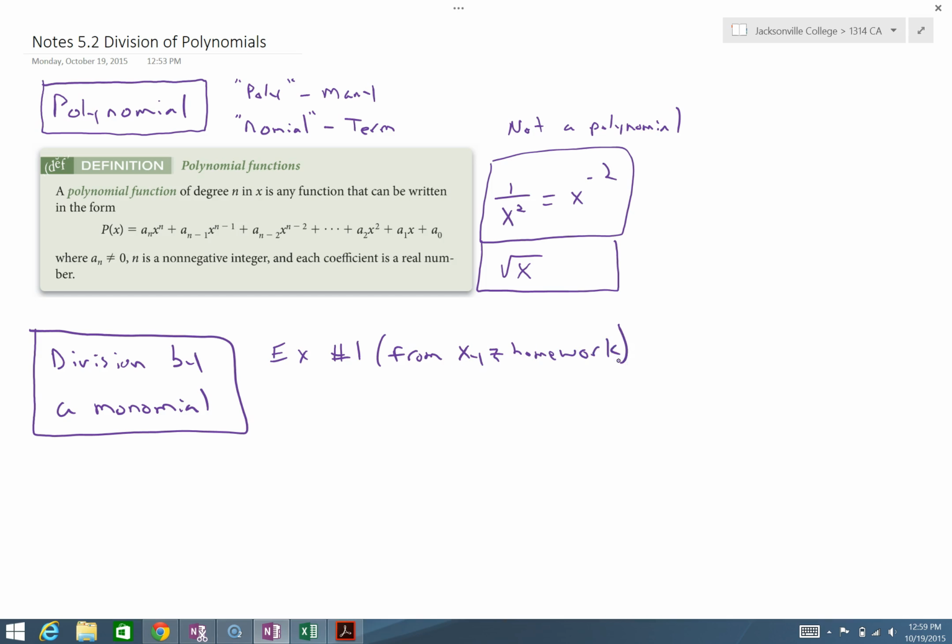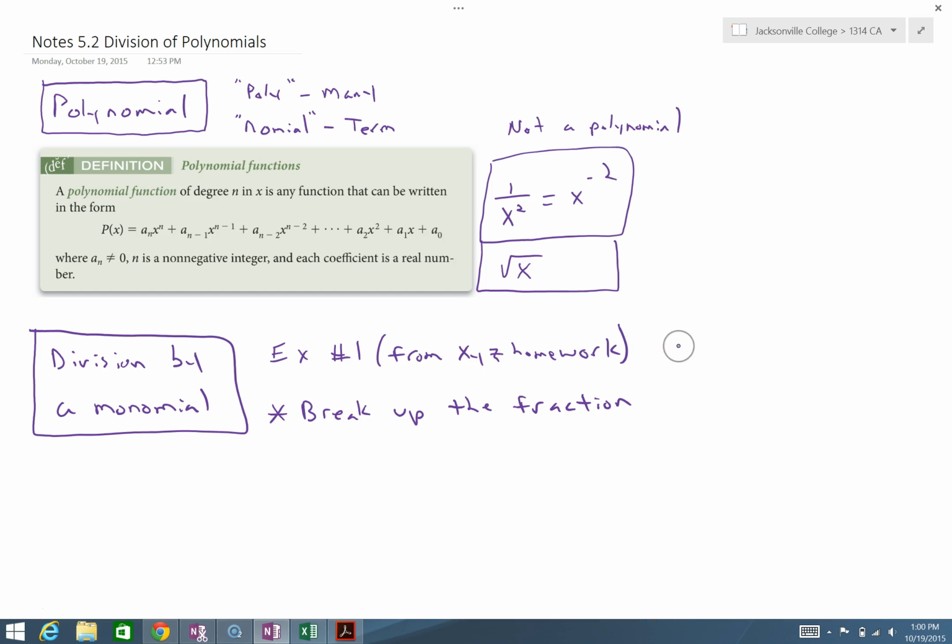All right. When you divide by a monomial, what you're going to do is break up the fraction. So let's say we have this problem.